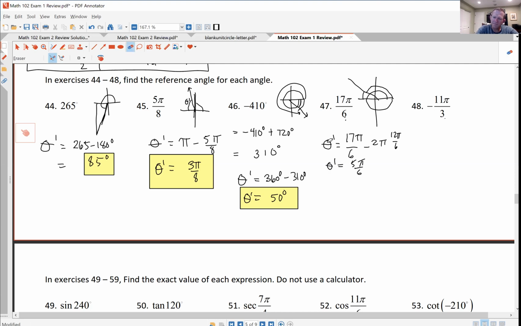Sorry, this isn't theta prime. But now we see that the 5 pi over 6 is just shy of the pi mark. And so we do pi minus 5 pi over 6, which is pi over 6.